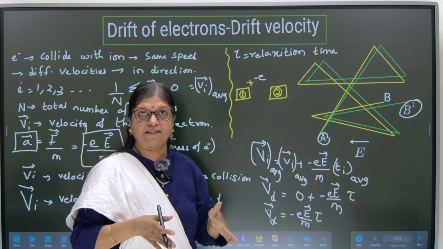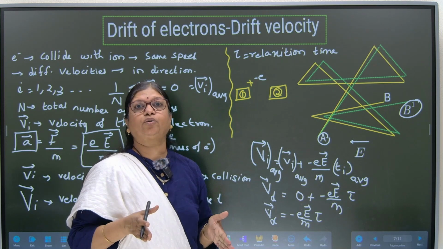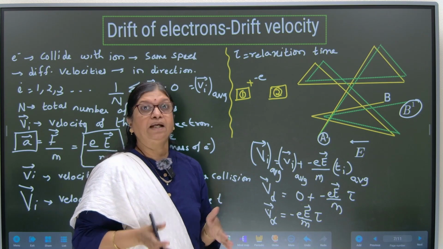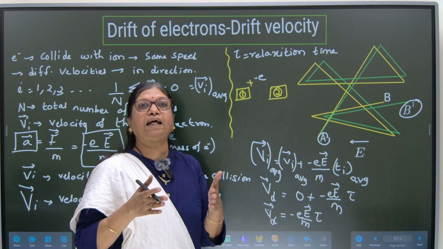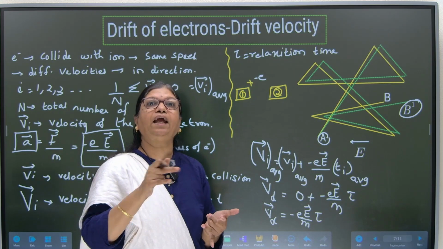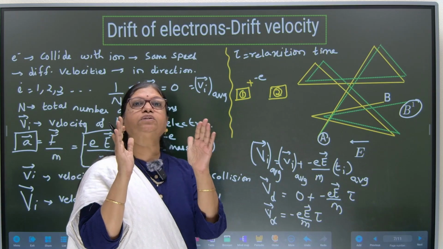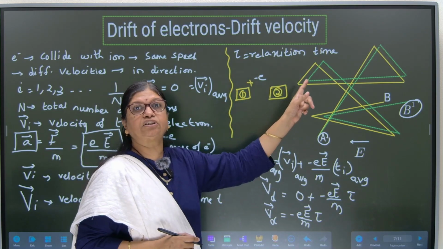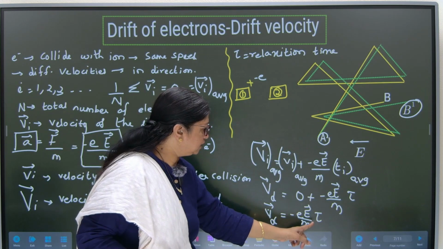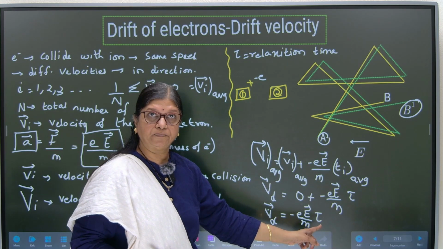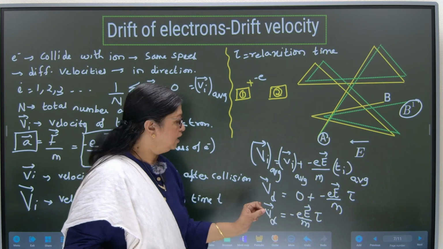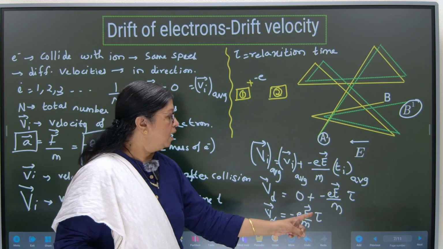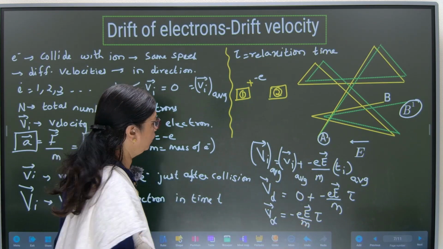Between two successive collisions, this electron has spent a time. The average of all the time spent by the electrons between two successive collisions is called relaxation time, which is denoted as tau here. So, we have Vd is equal to negative eE upon m multiplied by tau.